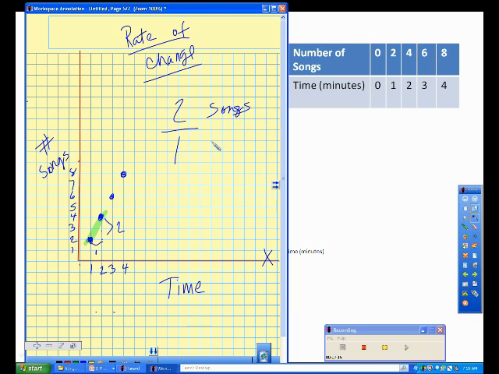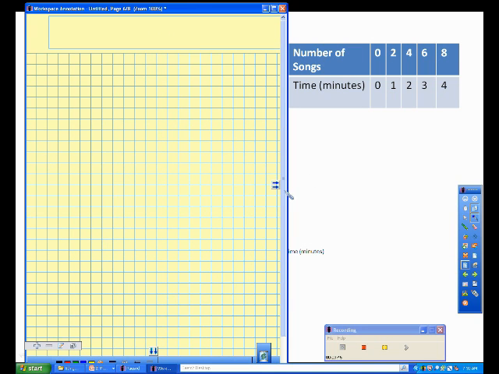It just doesn't seem to make sense that the change is songs over time instead of time over songs. It seems like it should be 1/2 as a rate of change instead of 2 over 1. Well, let me give you another example.